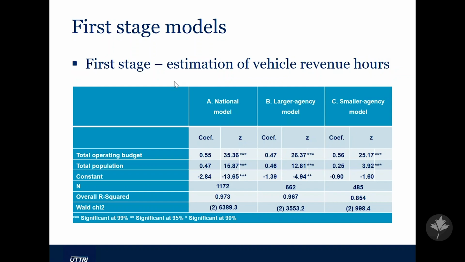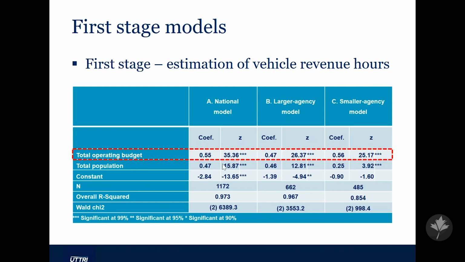As I mentioned, our models are two-stage models. The first stage is the supply model. It estimates the vehicle revenue hours as a function of total population and total operating budget.